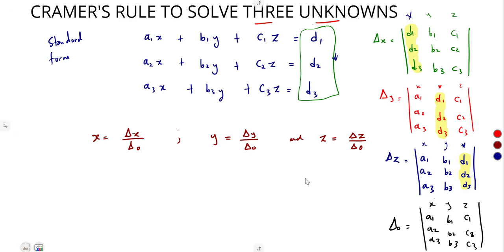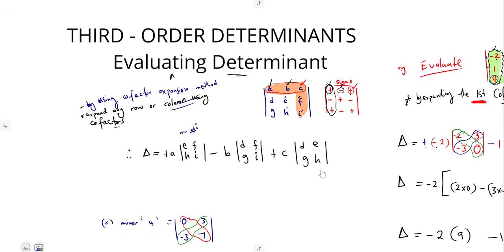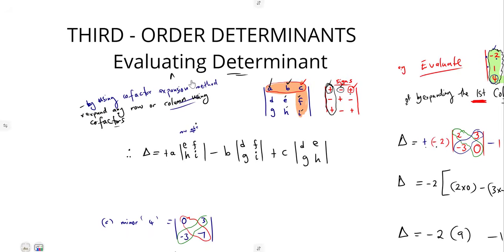So we are back to the finding of determinants, where we dealt with this in one of the classes when we're evaluating a determinant of the third order. Remember, I told you guys you can do this by using the cofactor expansion method. That is, you can expand any row or any column using cofactors.